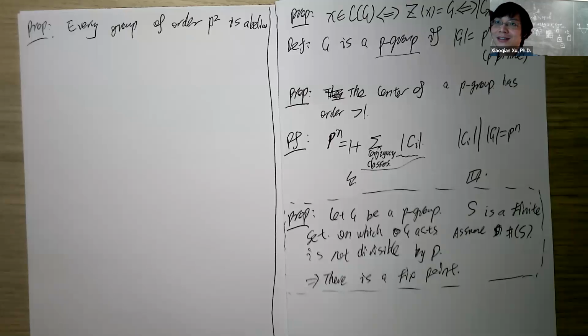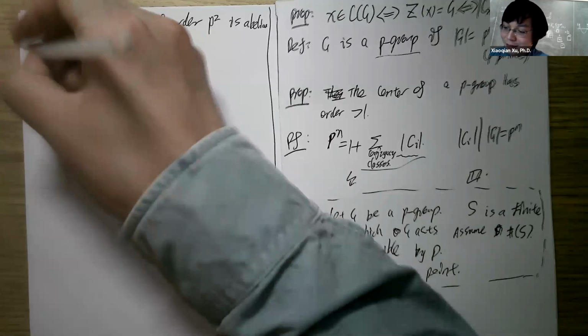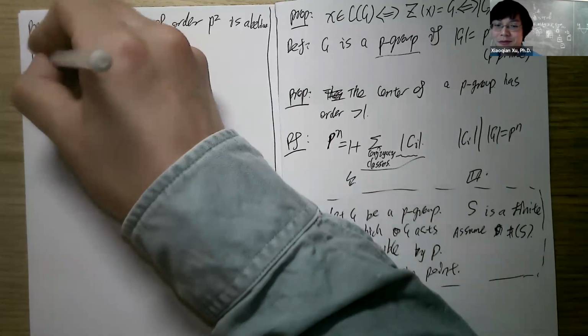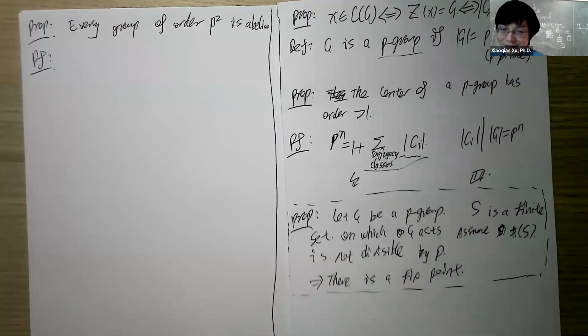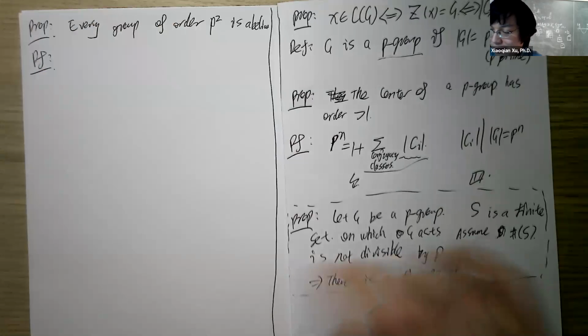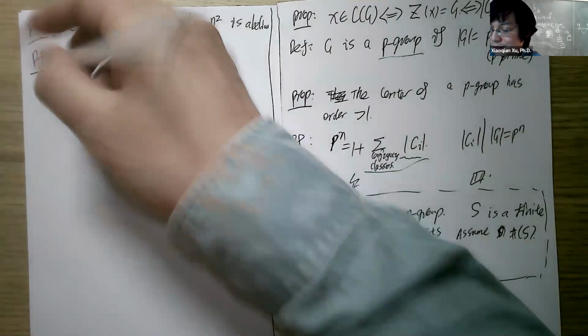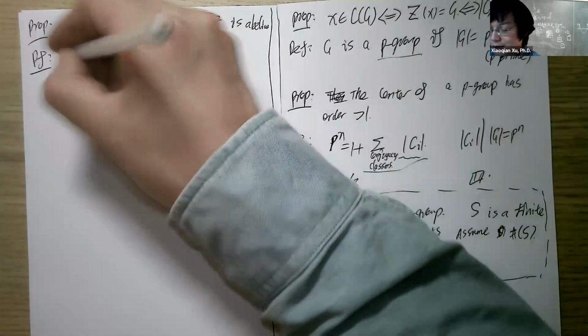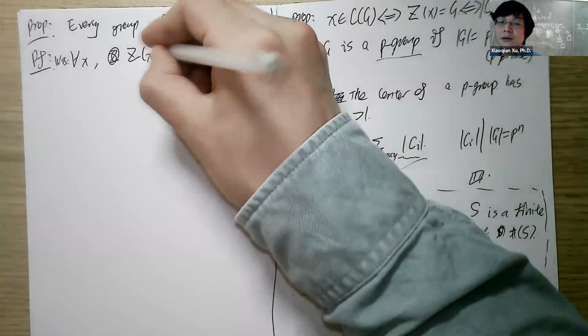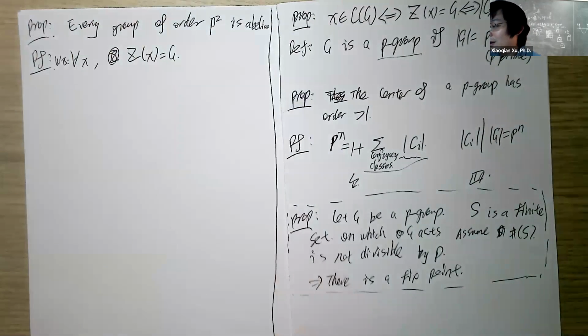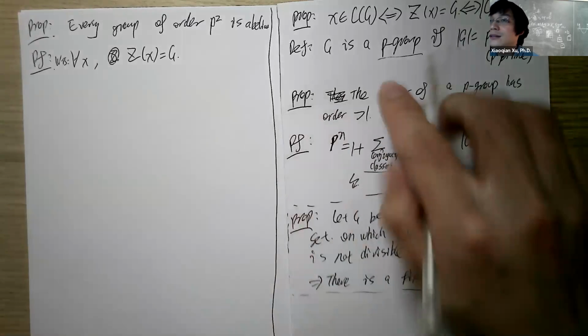There's a homework problem saying that any group of order 4 is abelian. Why is this true? Let's try to do some computation. Let's say we want to show that for any x, the centralizer of x equals G. Then that means this x is in the center of G.